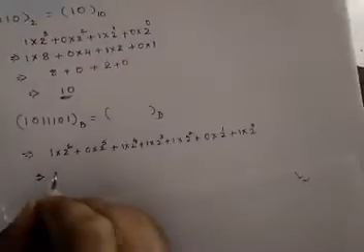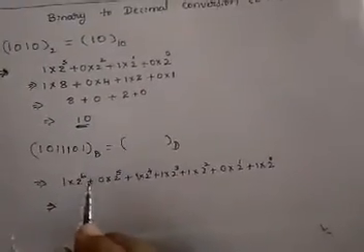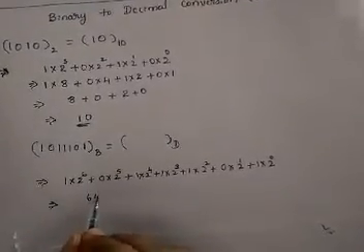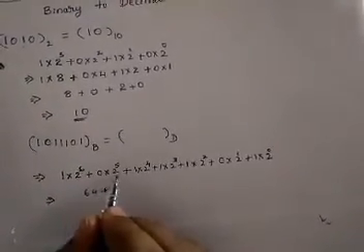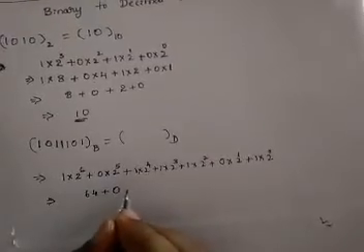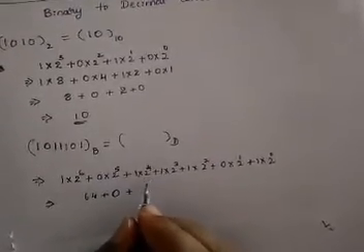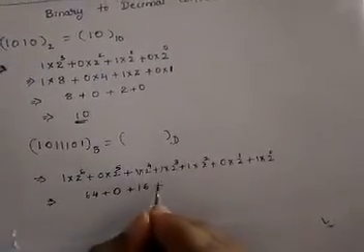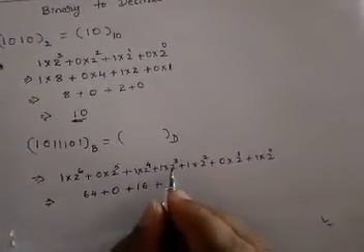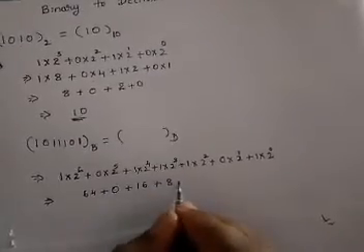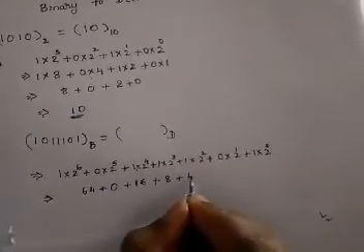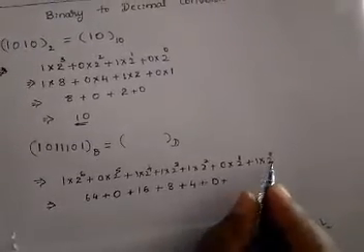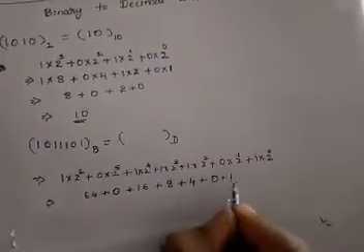Again just multiply and add. This is 2 power 6, 64, plus 0, anyhow it will be 0. And this one, 16 into 1 is 16 only. Again this one is 2 power 3, 8 into 1 is 8 only. Again this will be 4, this will be 0, and 2 power 0 is 1, 1 into 1 is 1.